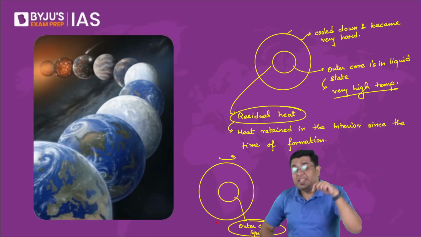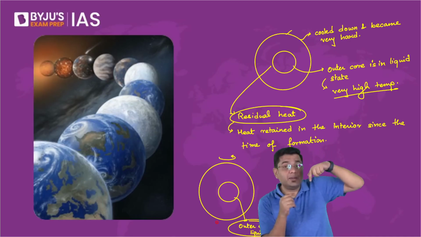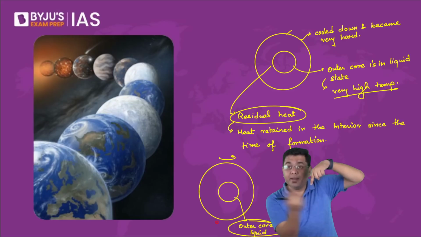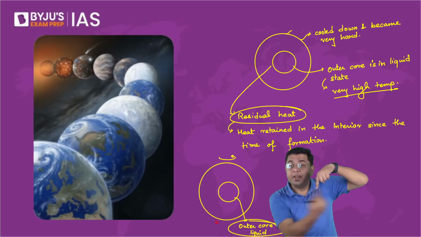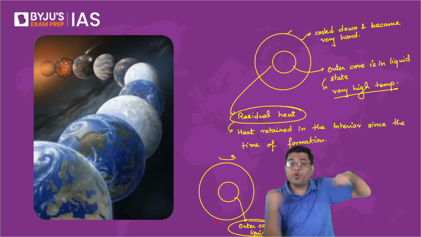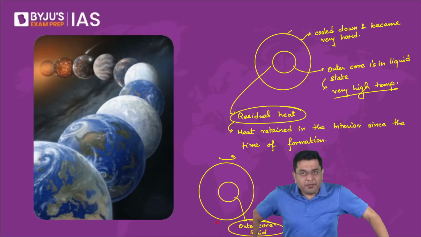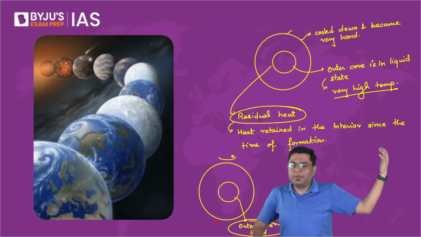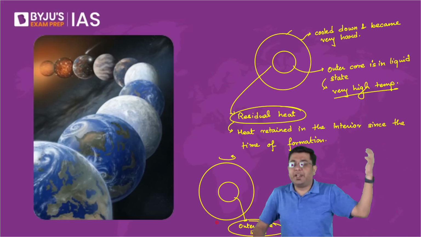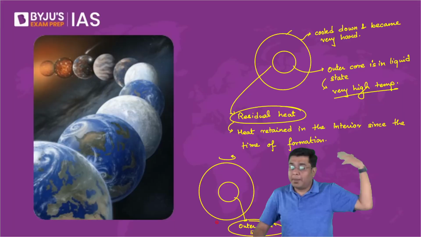Now, these atoms of iron and nickel are rotating in the liquefied form. When these materials rotate, a magnetic field will be produced. Isn't it? Just like a solenoid, in the case of physics that you would have studied, how a solenoid produces a magnetic field.